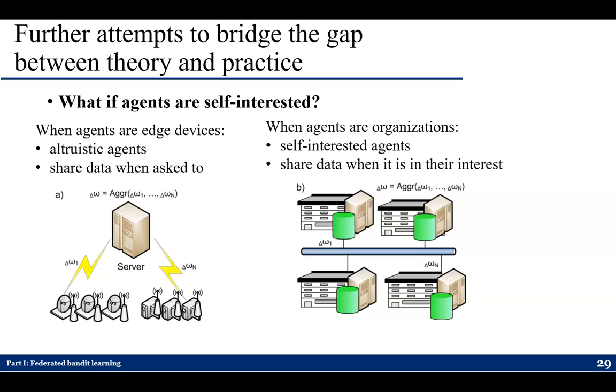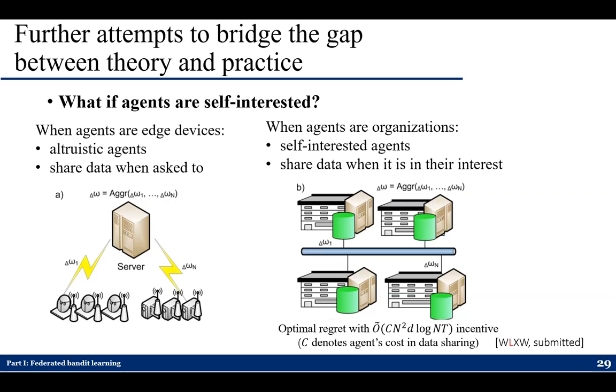But in another application scenario, these agents are standalone organizations, trying to solve some problem by this interactive decision making, and these different organizations want to collaborate with each other on solving the same problem. In this case, they may not be willing to share data when some algorithm asks them to.